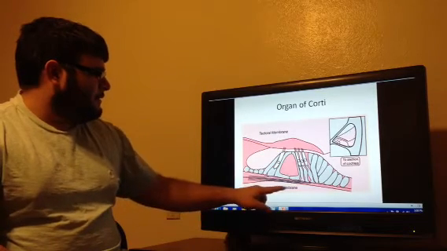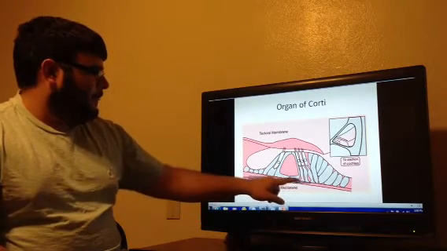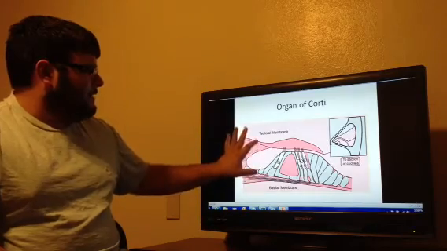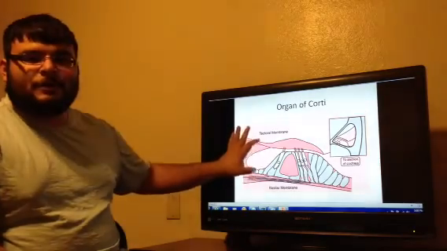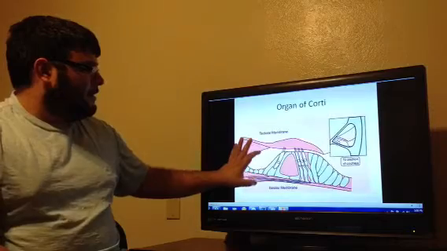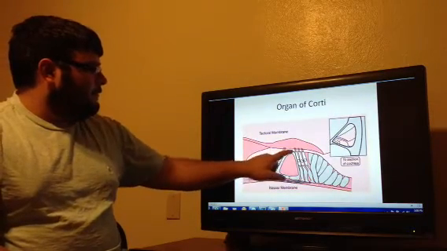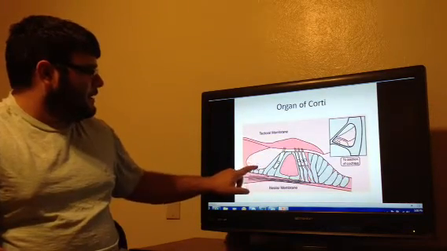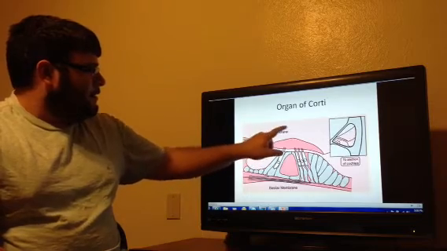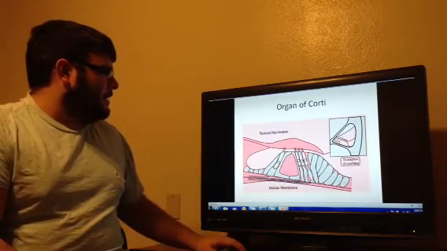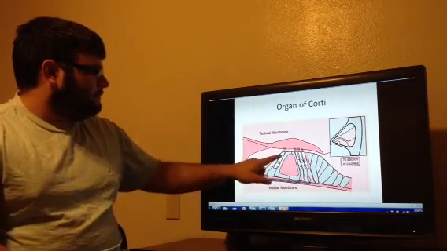And here is the basilar membrane. This pivots up and down whenever sound waves are going through the cochlea. And here's some fluid. These lines represent fluid all around the organ of Corti.